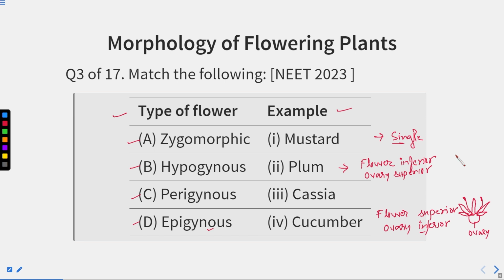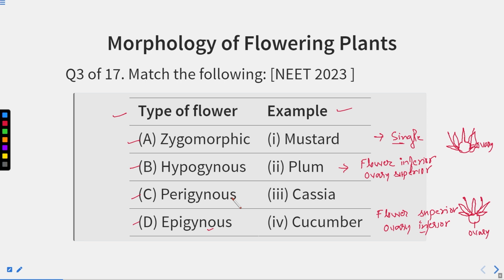In hypogynous, the flower is inferior, the ovary is superior. This is the ovary. Stamens, petals and sepals will arise from below. These are the petals, and we have sepals.